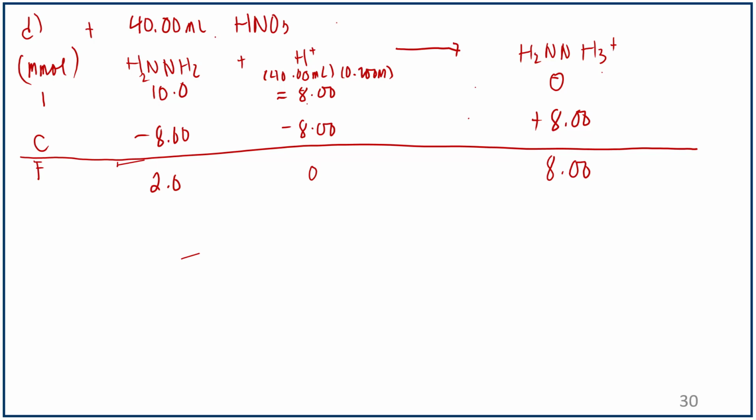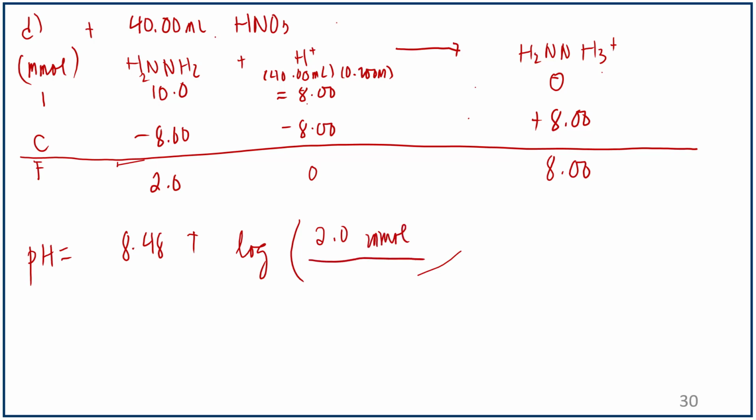Then we can solve for pH again, which is pKa 8.48 plus log of the number of millimoles of hydrazine, which is 2.0 millimoles, divided by the millimoles of hydrazonium, 8.00 millimoles. Okay, and then we get here 8.48 plus negative 0.60.